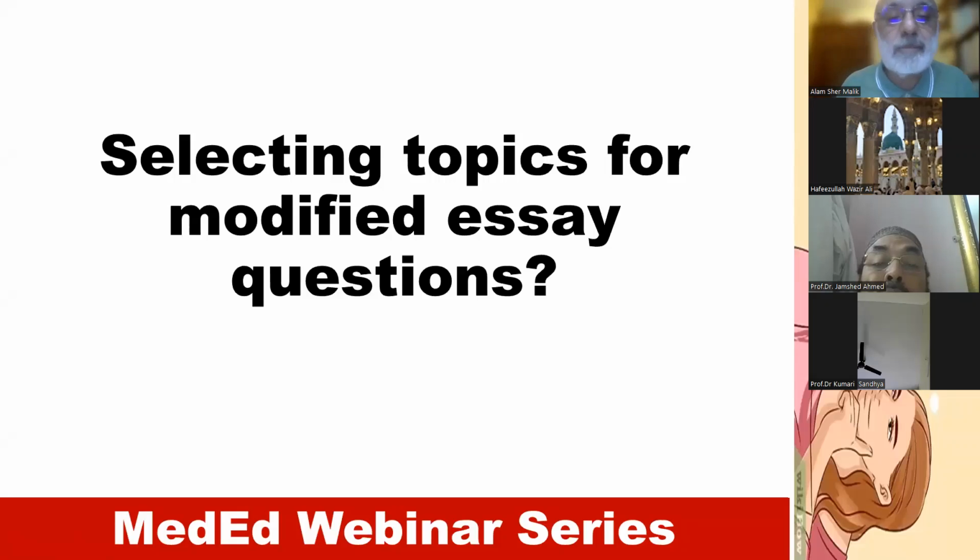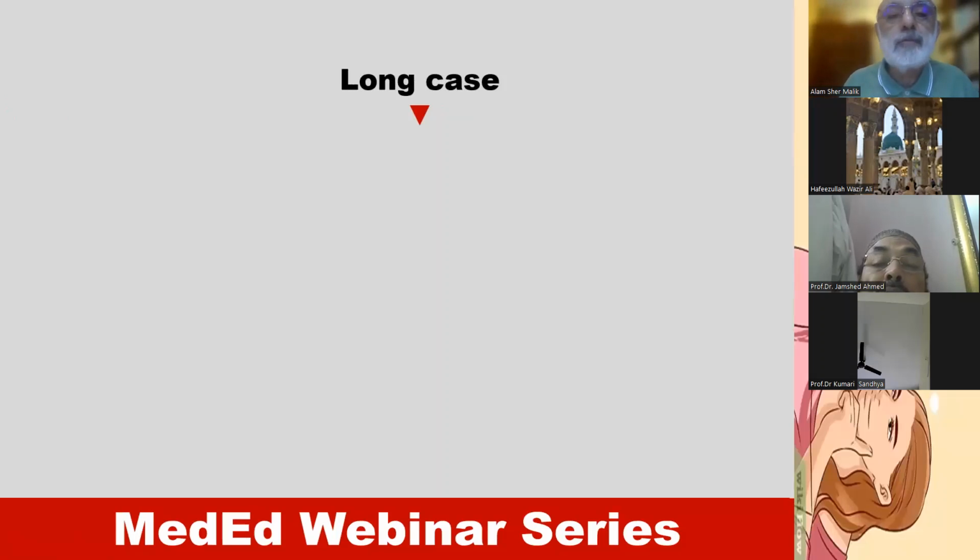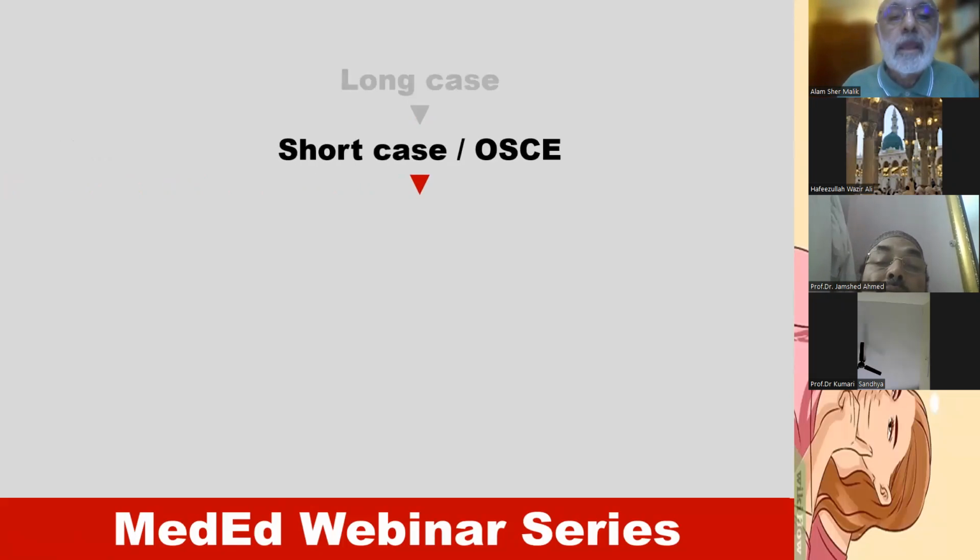So how do we select topics for modified essay questions? You can have a full list of the topics which you want to examine in that particular examination, a kind of wish list. Then you pick the topics which you think would be examined in the long case. We know normally what kind of long cases appear in the exam, and then we strike out those conditions. Similarly, we strike out the conditions which will be examined in the short case or OSCE.